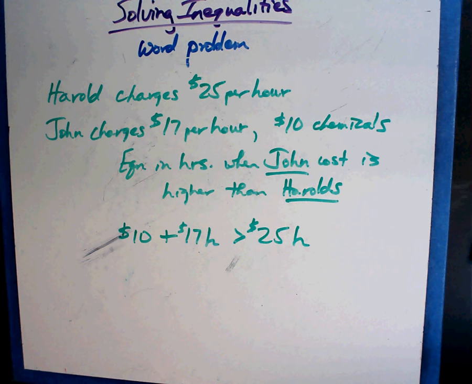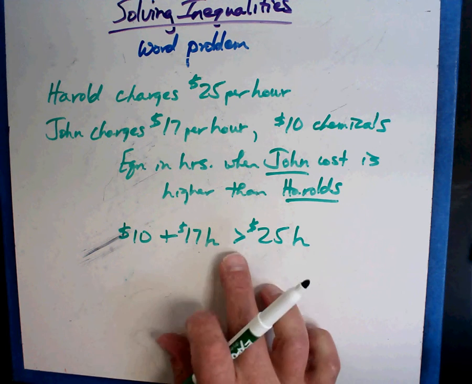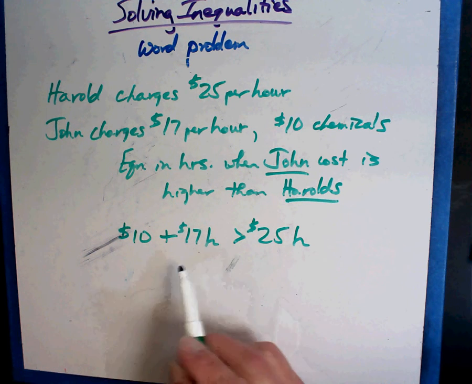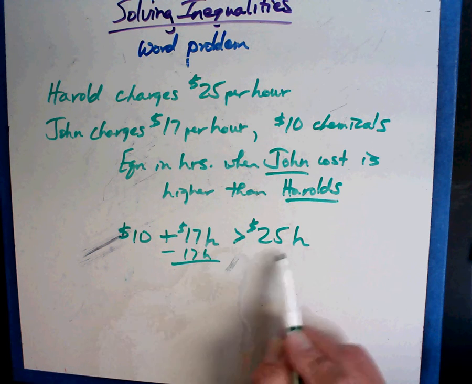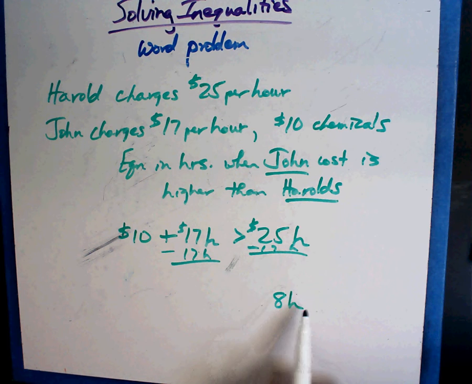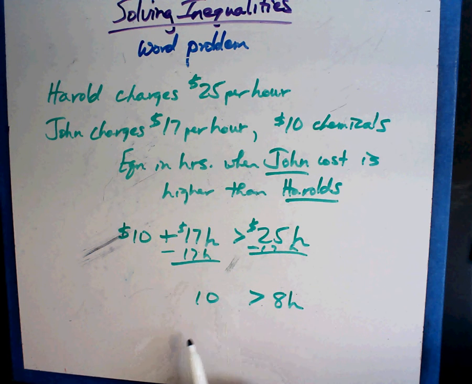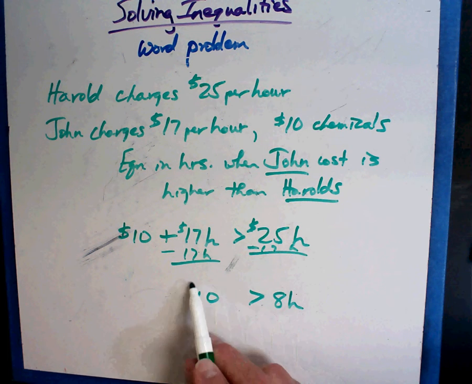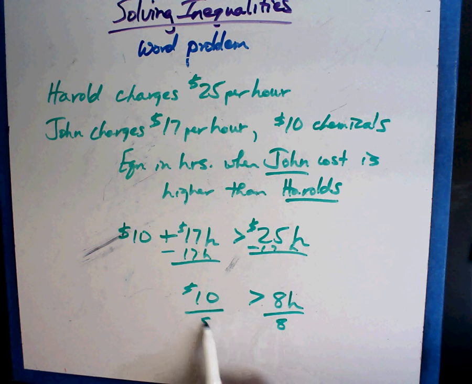Now, if the question asks to solve, there's the equation, to solve how many hours it would be, we can do our normal math. 25 hours minus 17 hours, and that's going to be 8 hours. So 10 is greater than 8 hours. We're going to divide by 8.